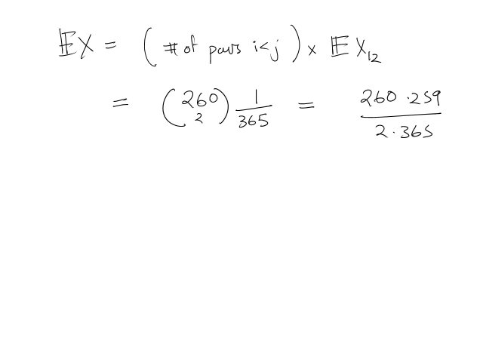Okay, let me just run it through a calculator. I don't actually know what it is. Okay, let's see if we can do some simplifications. 130 times 259 over 365. I guess we can cancel 5s. So this becomes a 26. What is this? 73.